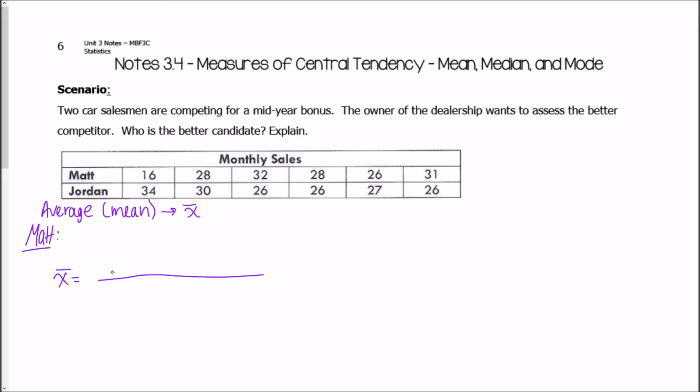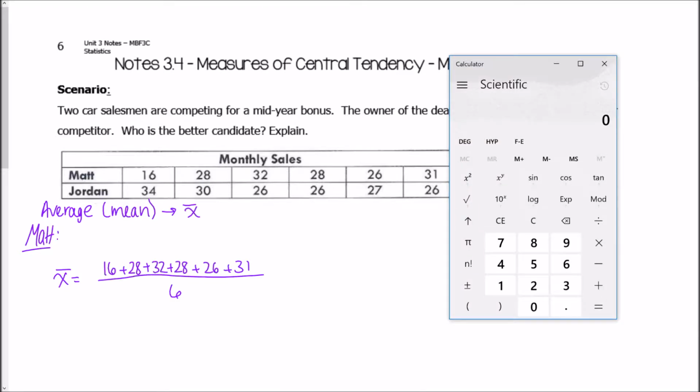So for Matt to figure this out, I'm going to add all of his months together, and I'm going to divide it by 6. So when I add all of these numbers together, 16 plus 28 plus 32 plus 28 again, plus 26 plus 31, I end up getting 161.